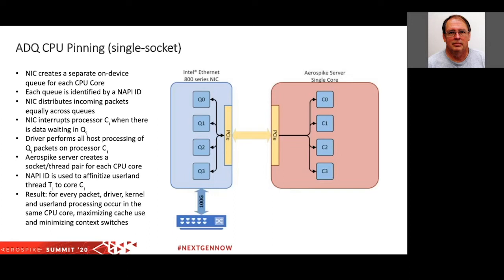The key thing is that core 0 is only going to deal with the packets that have accumulated in queue 0, and likewise for the other queues and cores.